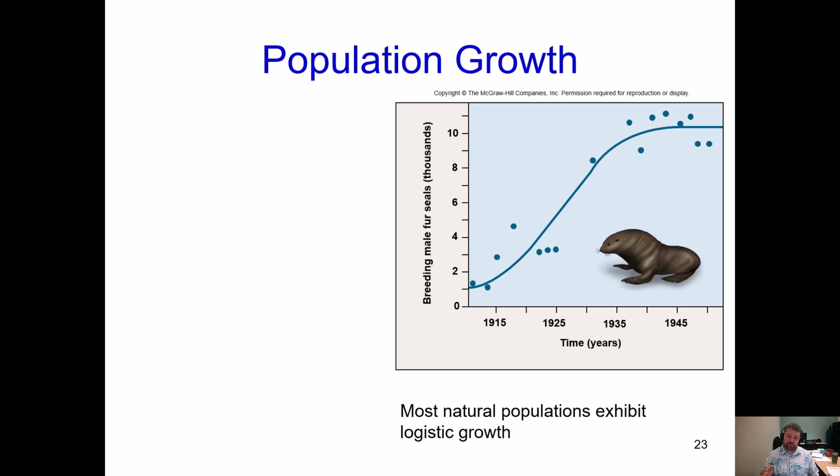But the issue is when they breed on islands, they're breeding in these regions where there are no predators. Maybe there's some avian predators, but the majority of the time there are no predators.